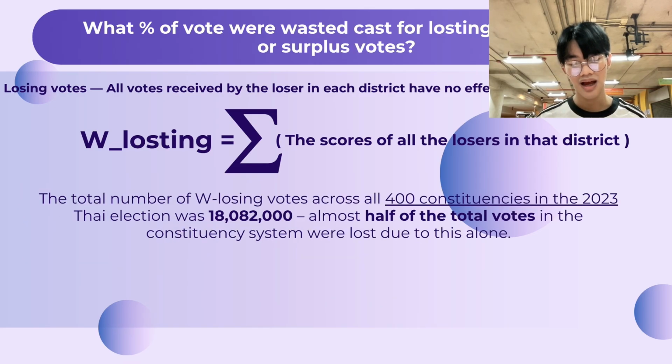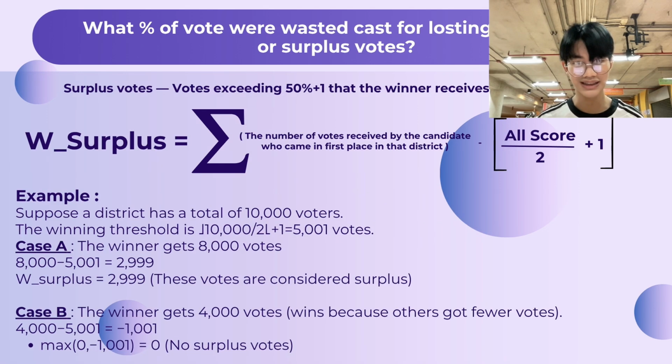Next, the total number of losing votes across all 400 constituencies in the 2023 Thai election was 18 million 82,000. Almost half of the total votes in the constituency system were lost due to this alone.